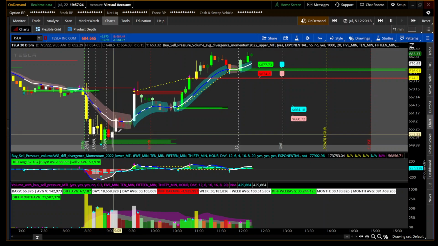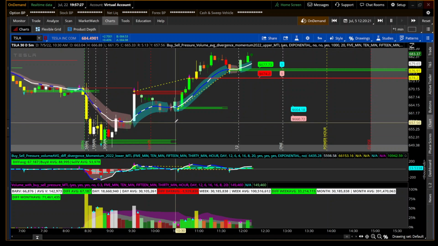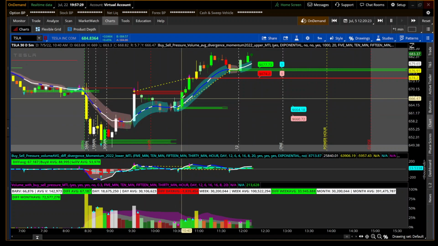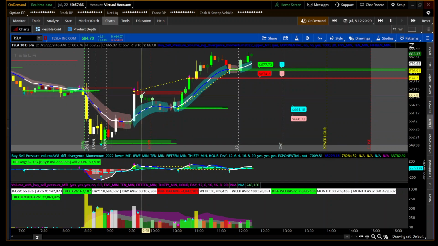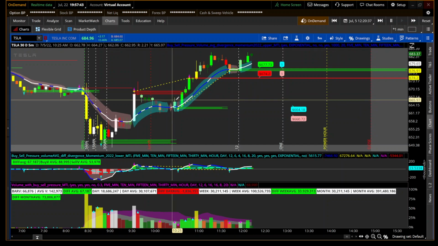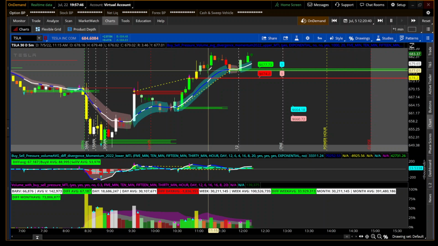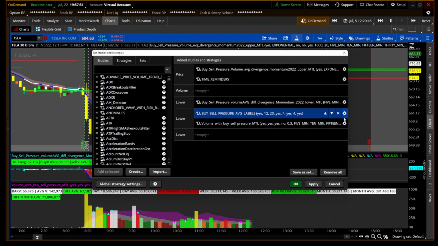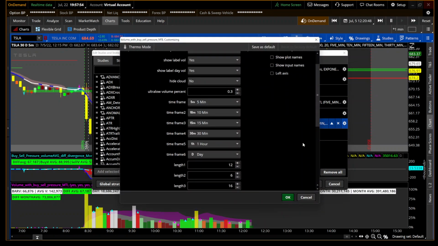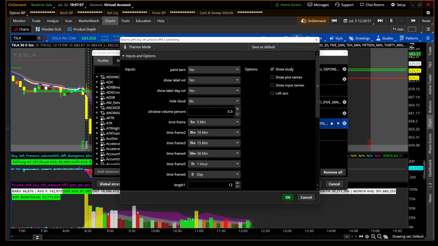The white is the ultra high and the yellow is ultra high, and the bright green is high volume, bright red is high volume, light green is less than average volume, or really say average volume, and this dark green is ultra low volume. And you can make all those adjustments down here within the indicator. So right now, if a candle is less than 7% of the volume average, it's considered ultra low volume.